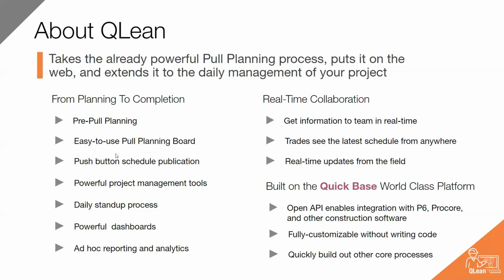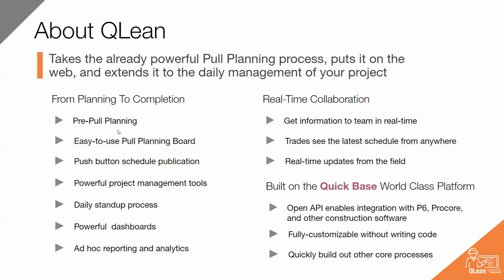So this is a huge advantage over doing it on a whiteboard, where you might have to take a picture. Probably a lot of people on this call have taken a picture of the board, and maybe hand keyed it into another system or whatever. Well, as soon as you're done with your pull plan, it immediately publishes it.